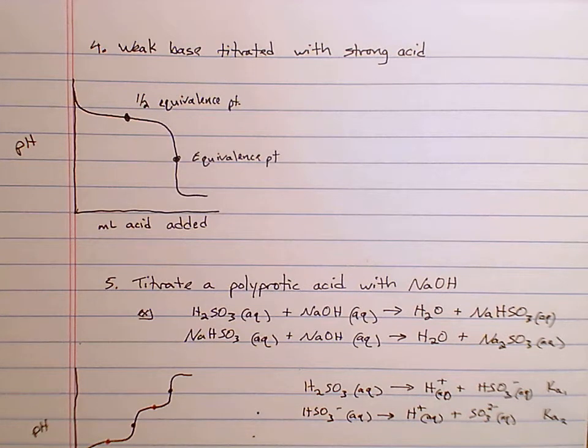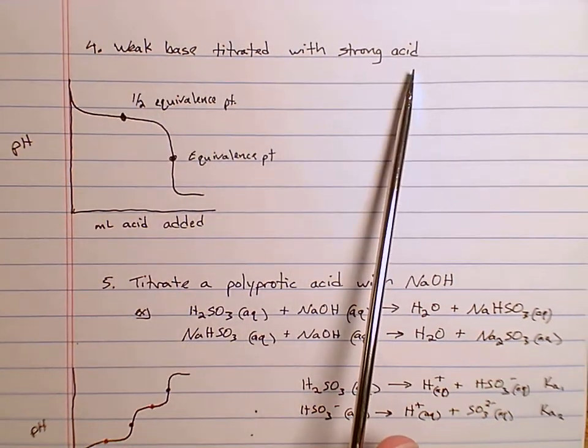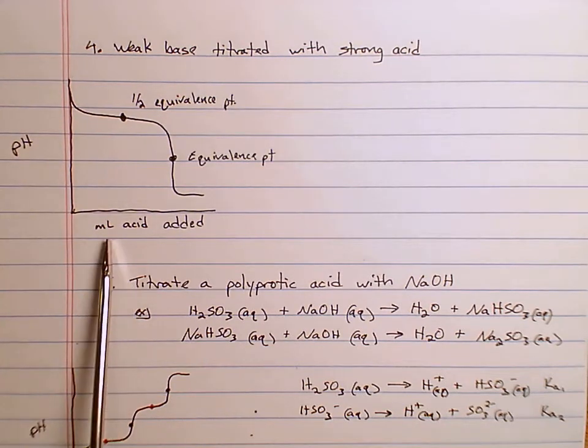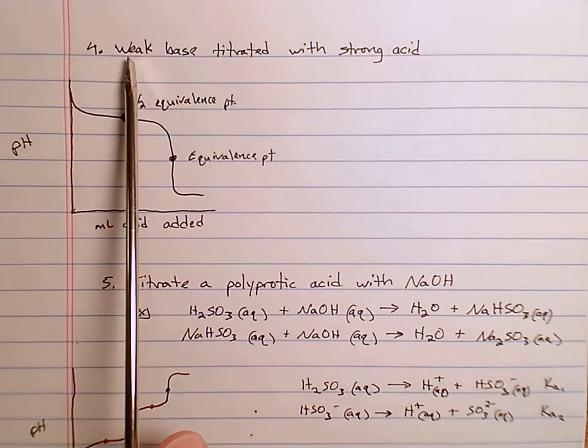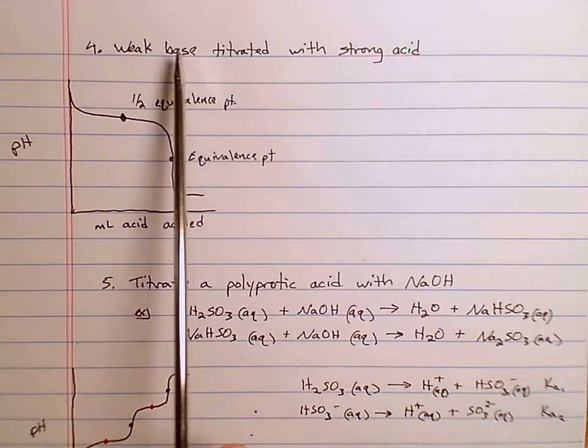Okay, we have a few more topics to go through to round out our whole titration problems in this chapter. What if we had a weak base titrated with a strong acid? You get a similar pH versus milliliters of acid added curve, just like when we had a strong acid titrated with a weak base.